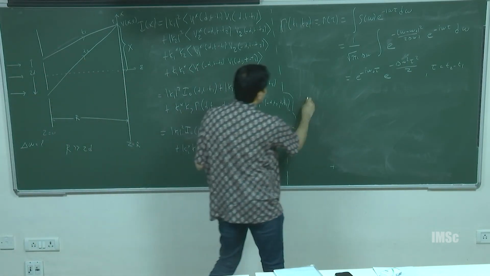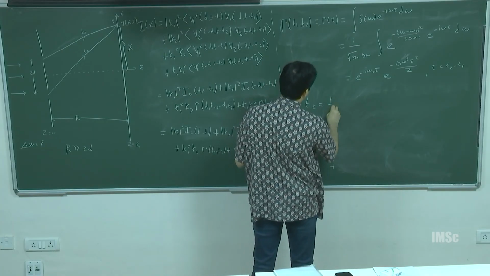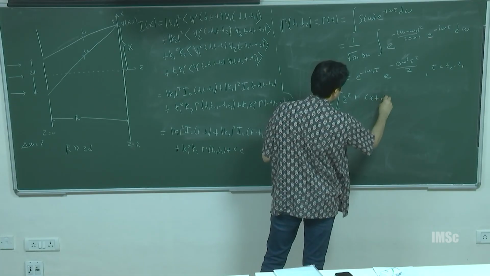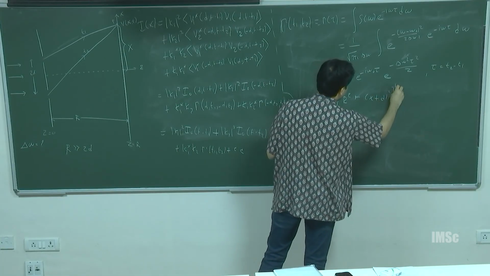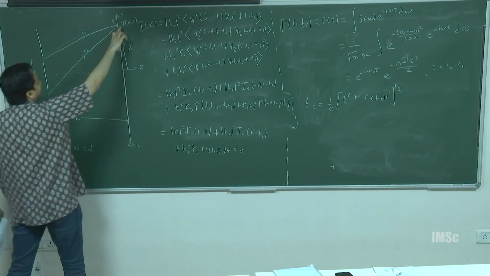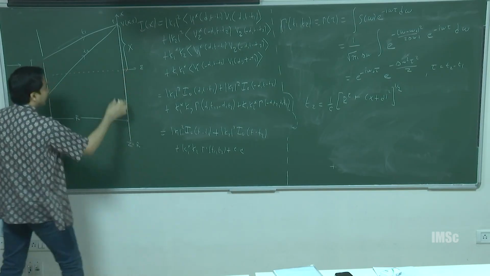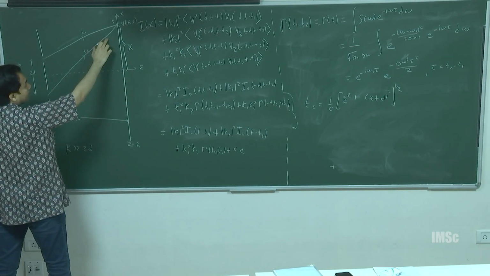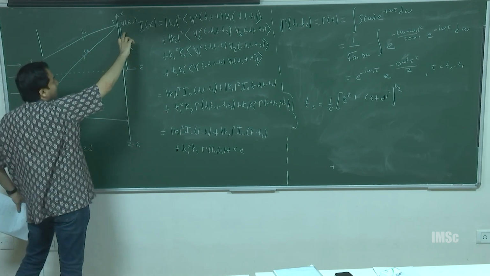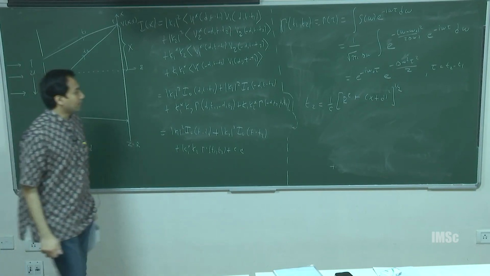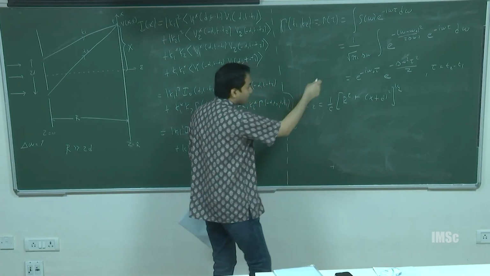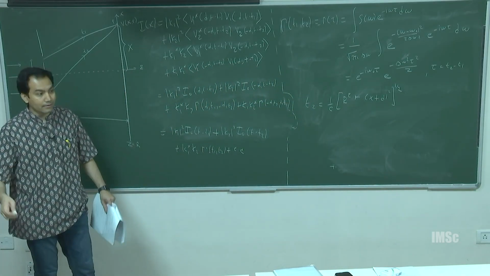T2 is given by, because this is x and this distance is d, the length c times T2 is given by r square plus this distance, from the theorem of Pythagoras. So we are going to divide both sides by c because we are only interested in determining T2, right?